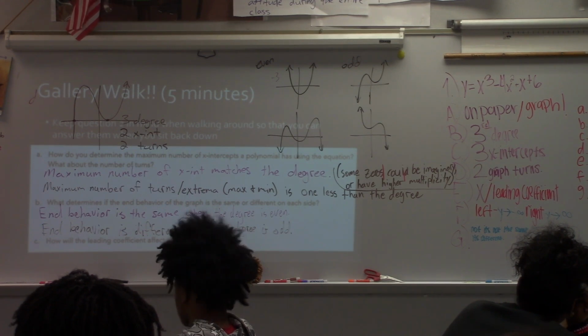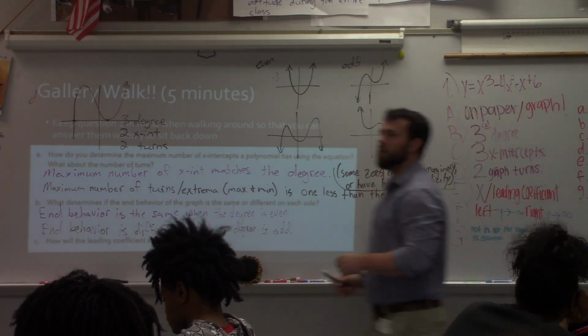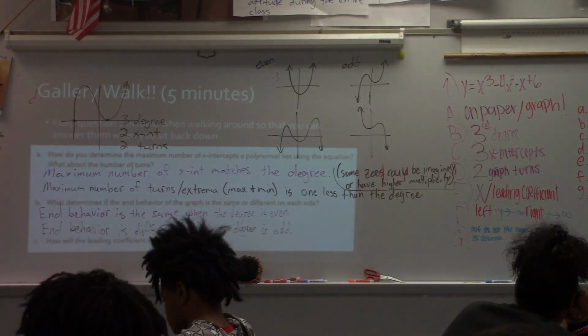So here, with this even, they're both going up. When I look at this even, these are both going up to positive infinity. But when I look at this even, y is going towards negative infinity, meaning going down.